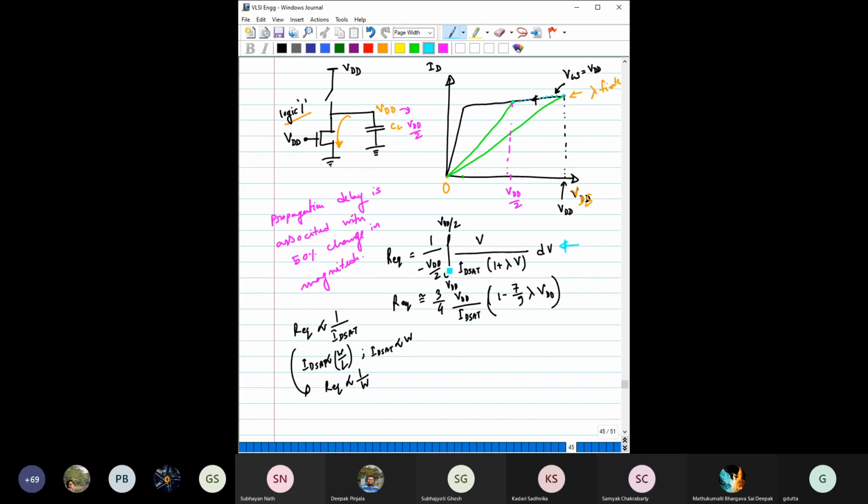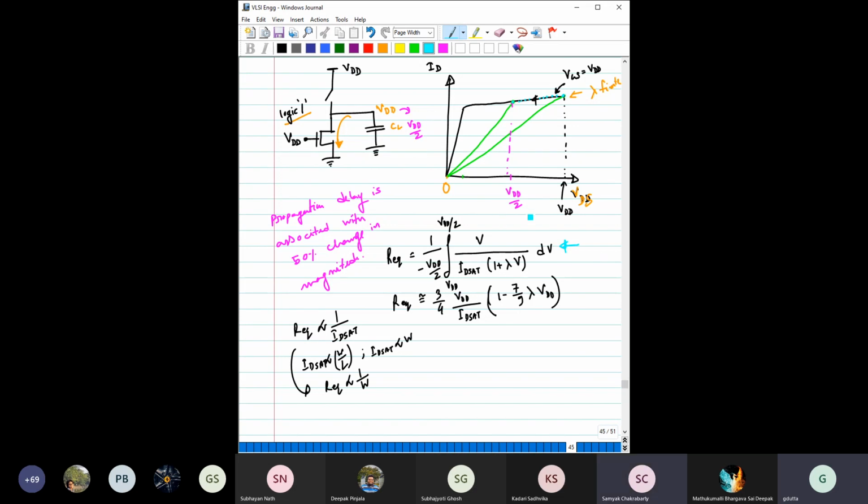So why can't we do it with the derivative? Yes, please suggest how. So like dV by dI. dV by dI, okay. How are you planning to do that?